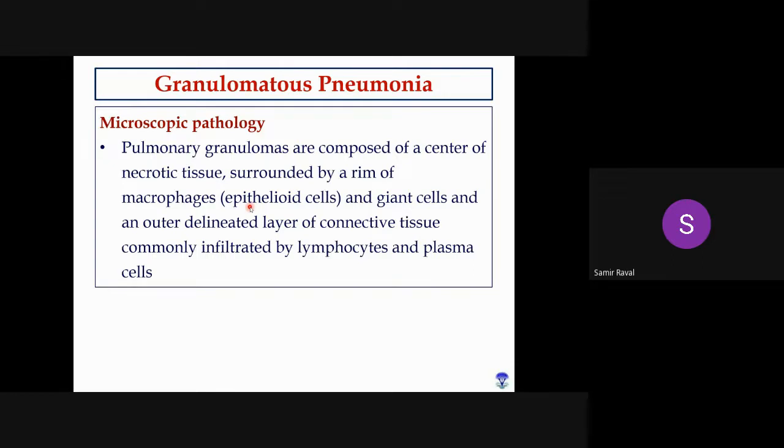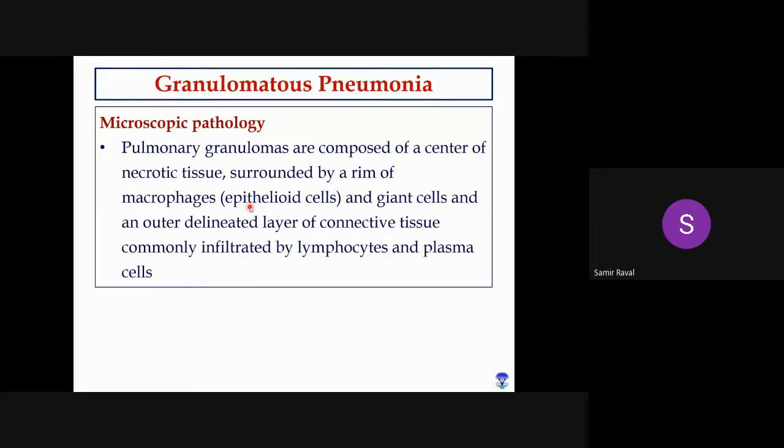So here what happened? When macrophages phagocytize an ample amount of necrotic debris and lipid materials, they have an ample amount of cytoplasm, and when you stain with H and E, particularly hematoxylin eosin stain, that cytoplasm becomes eosinophilic, pinkish, right? And their appearance becomes just like the keratinocytes, particularly those present in the stratum spinosum. Okay, so due to this particular look, they are also known as epithelioid cells.